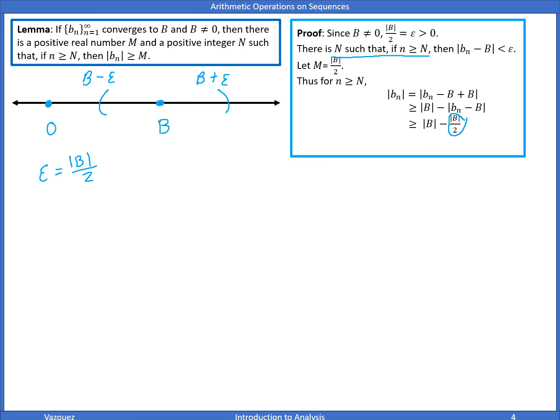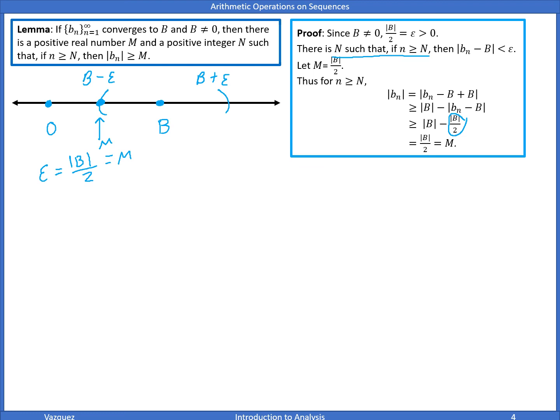And we're also saying that here it's also equal to m, so m is right here. Right? And this over here, back to the proof, is just equal to b over 2. And that's equal to m, as we see here. As the picture shows us, m is right here.